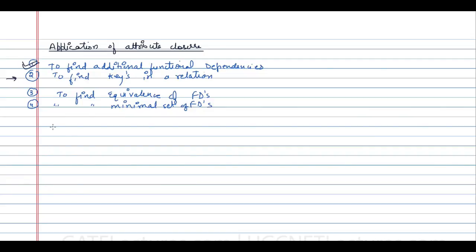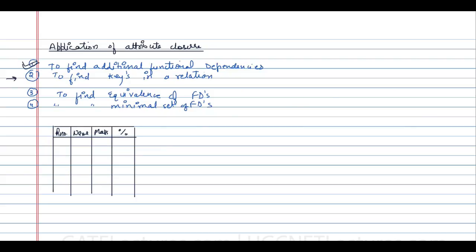For example, if there's a detail about school, in school we can have the student, the name of the student, marks of the student, or percentage. So assume it is the roll number of the student, name of the student, marks of the student, and percentage of the student.